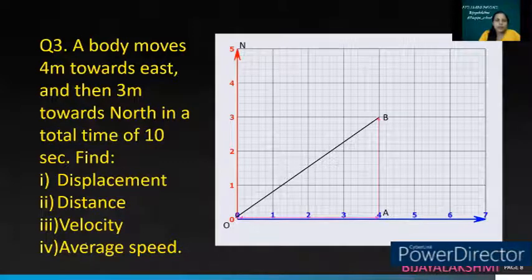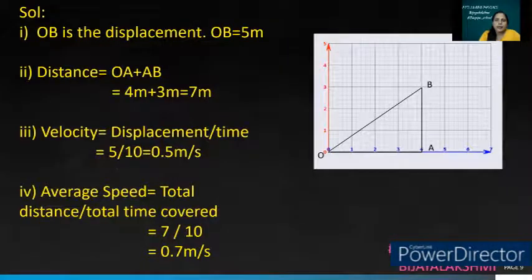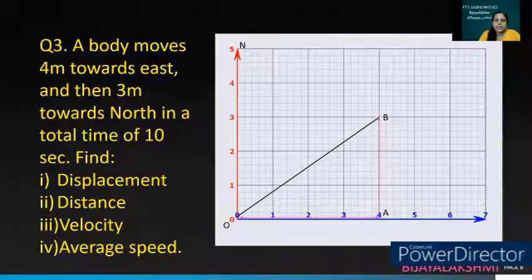Sometimes you may get questions summed up together where we get 1 or 2 marks for each and every step. So here in this sum, how can we proceed? It's been given that the body is moving 4 meters towards east, and then it goes 3 meters due north.